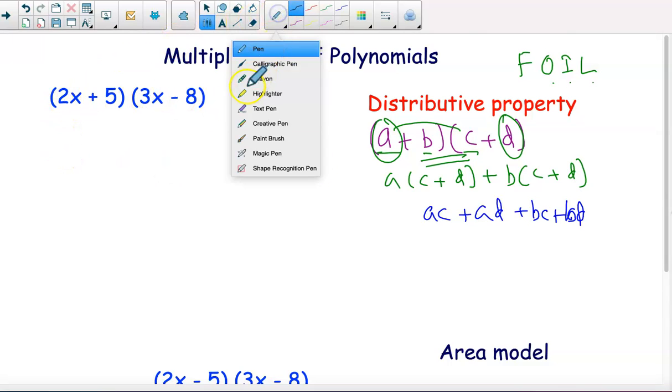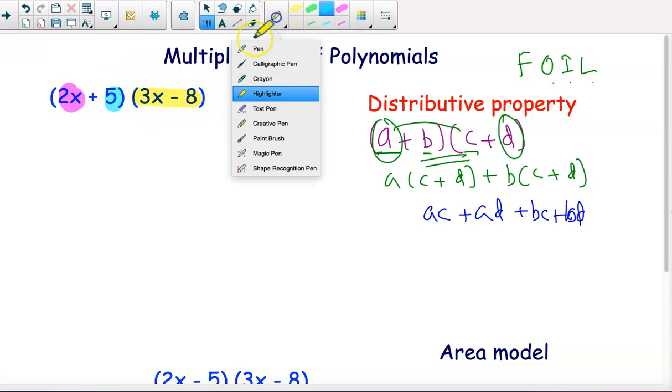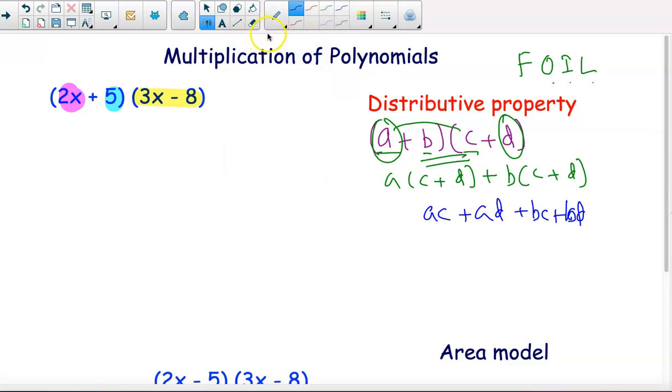I'll take this 2x and multiply it with the whole of 3x minus 8. Then I'll have to do the same thing with the 5 and 3x minus 8. So let us do one thing at a time.